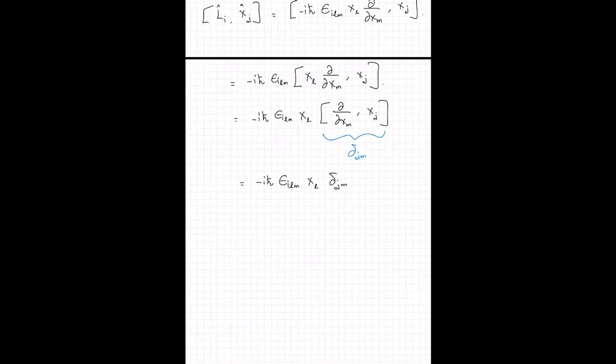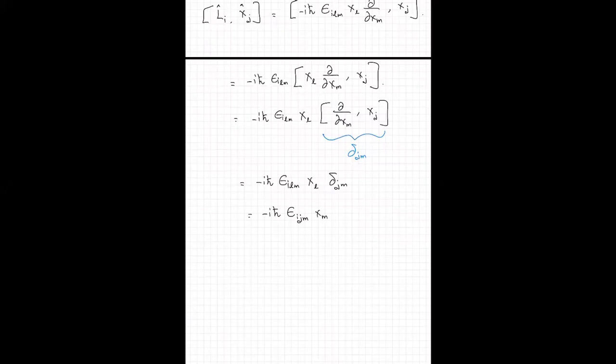And what is this? The delta function forces the m value to be equal to the j value. So this is equal to minus i h bar epsilon ijm xm.